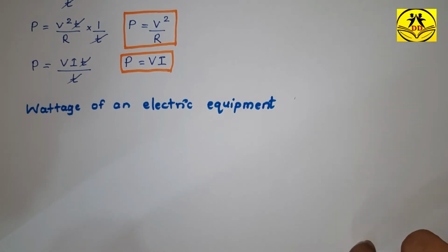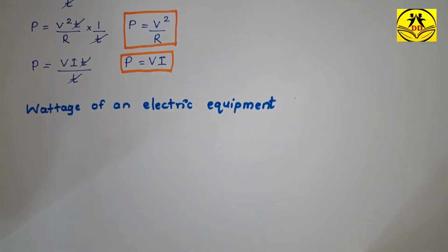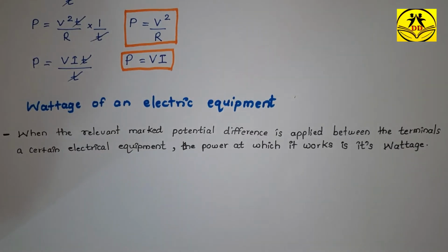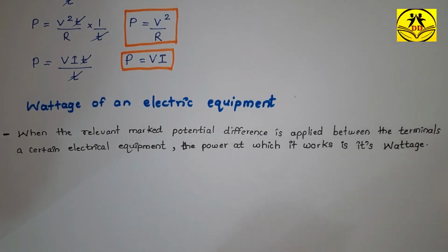So I'll teach you what that marked potential difference or the marked voltage of that electric equipment means. So when that relevant voltage is provided, the power at which this electric equipment works is called the voltage of this electric equipment. So this is what is defined as the voltage of an electric equipment, and I'll write some examples here.